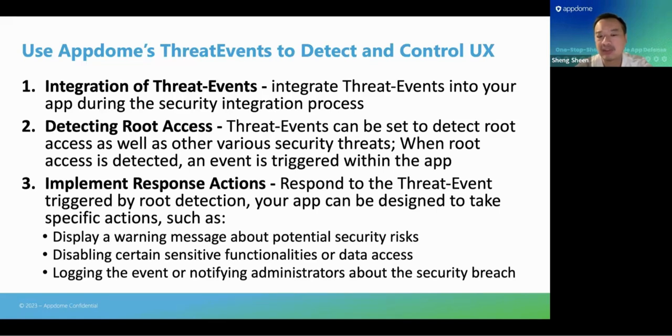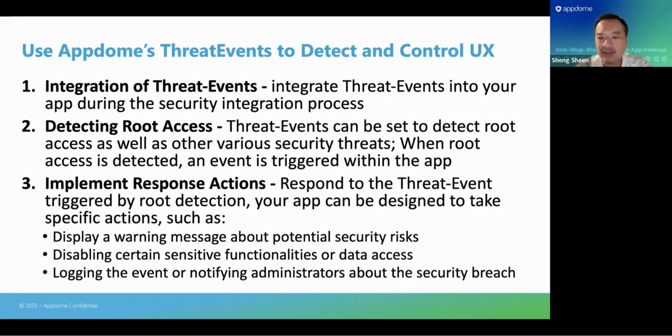During this security integration process, threat events can be configured to keep a vigilant eye on your application's environment. When rooted access or any type of threat is detected and an event is triggered within the app, it does this automatically as long as you have Appdome running, and it will signal the potential compromise of security.